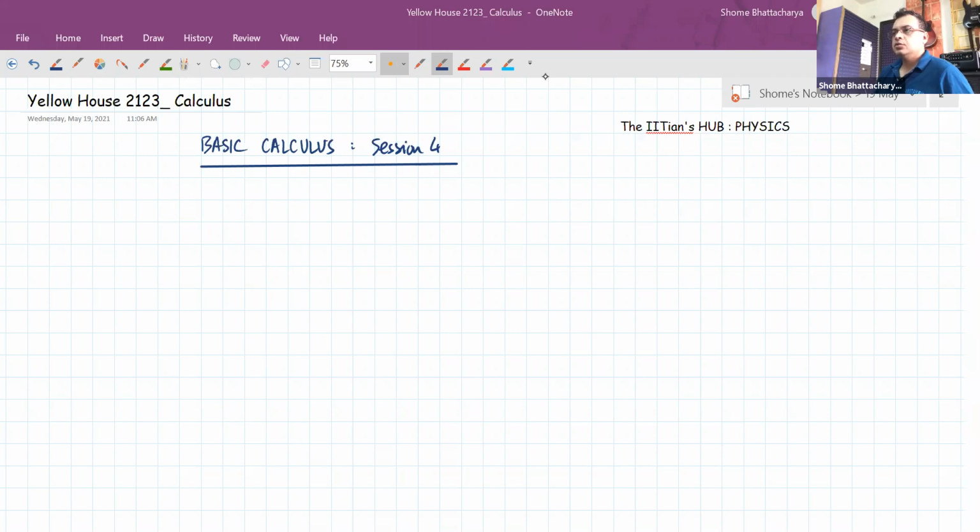Okay. So as I said, let's start with a quick recap of the concept of chain rule in differentiation for composite functions.